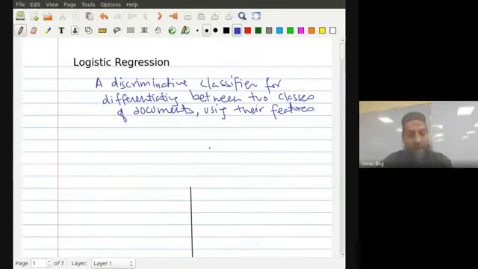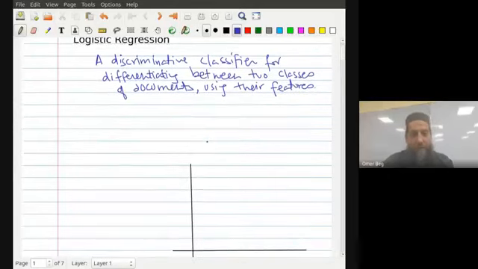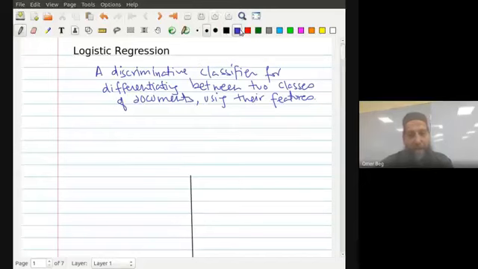So logistic regression, as I mentioned, has a very close relationship with neural networks, and neural networks can just be considered as a series of logistic regression classifiers stacked on top of each other or in different configurations. Okay? Earlier we have been using naive Bayes to differentiate between documents.